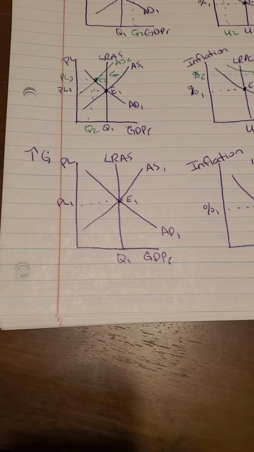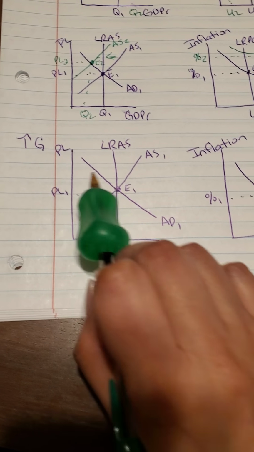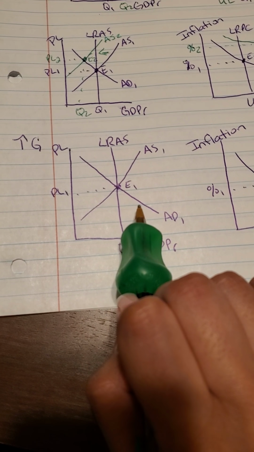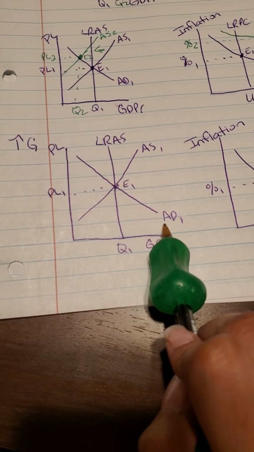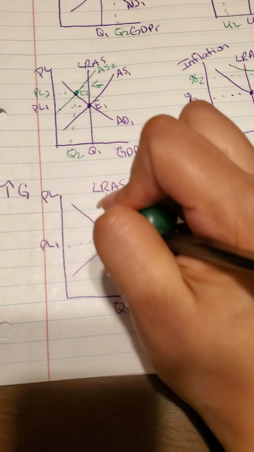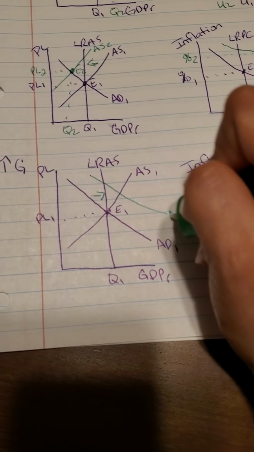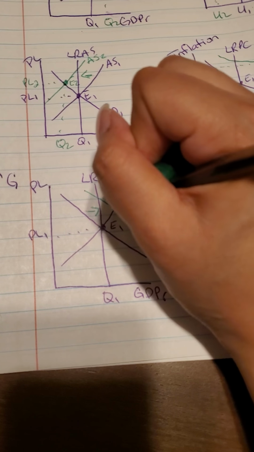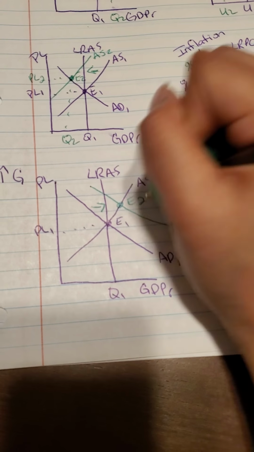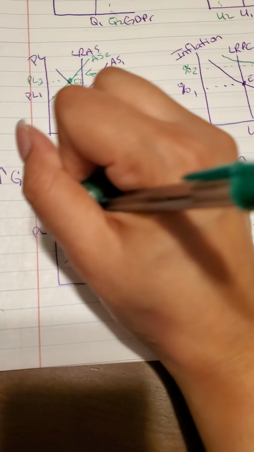So let's say again, government spending increased. We know that government spending is a shifter of the aggregate demand curve. And since it's an increase in government spending, that means it's an increase in aggregate demand. So we draw our arrow to the right, draw our new aggregate demand curve, AD2. Label your new equilibrium E2, Q2, and PL2.